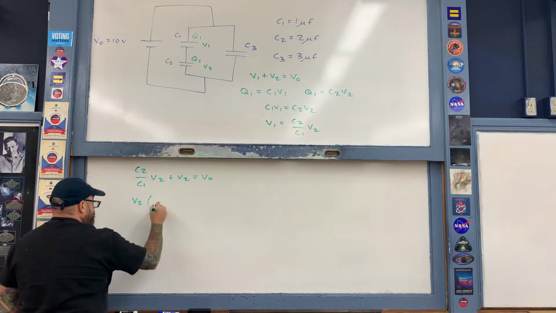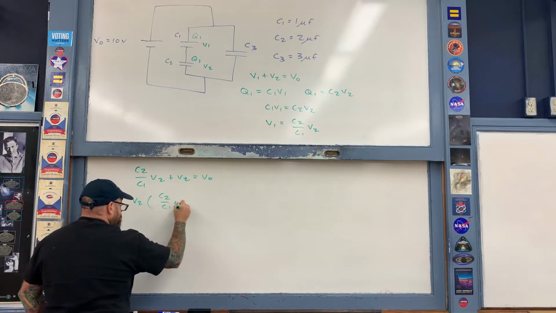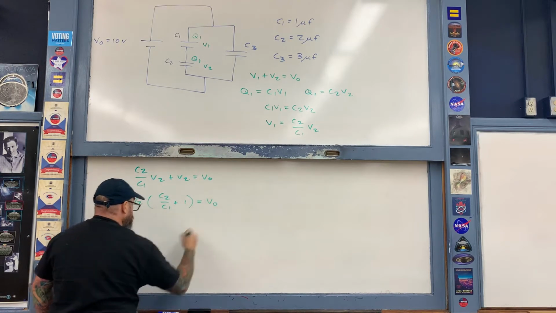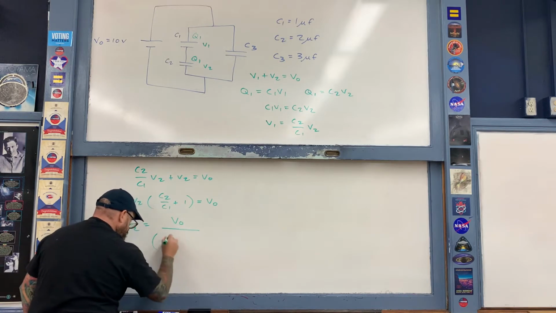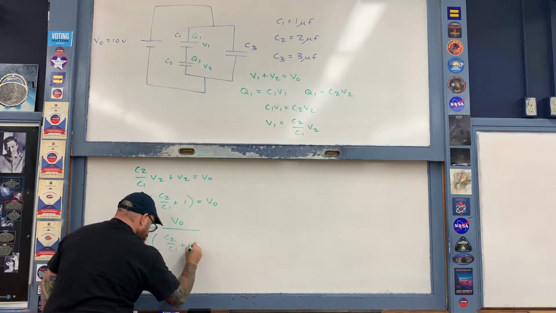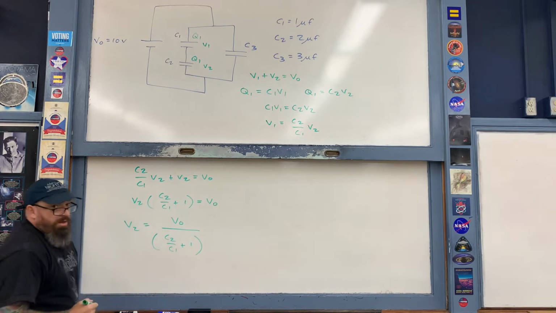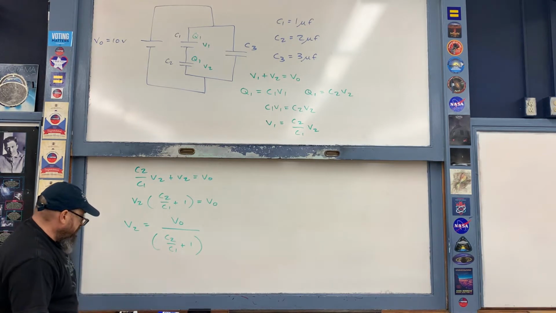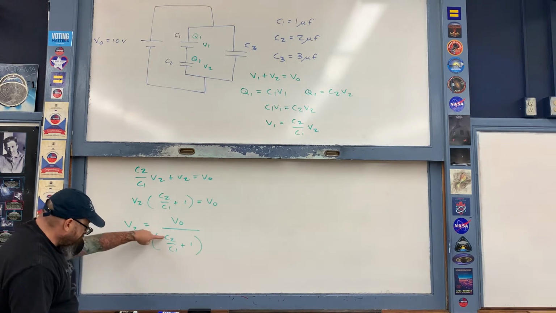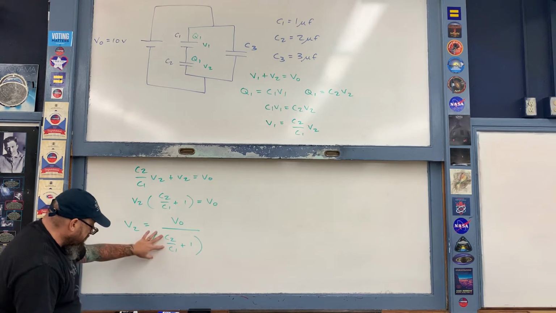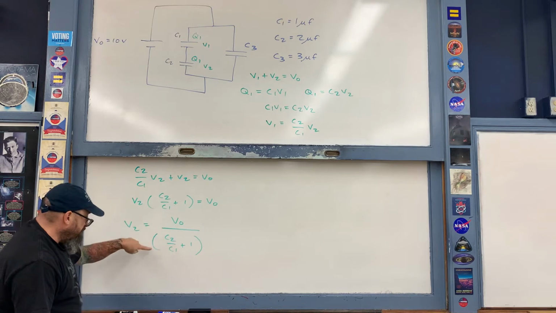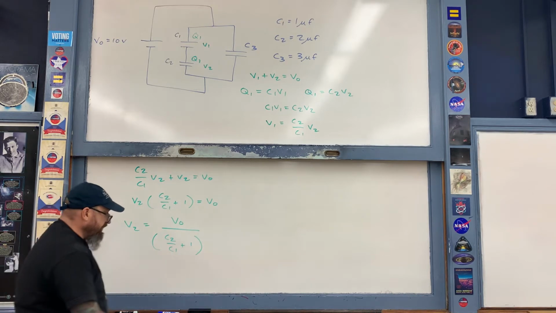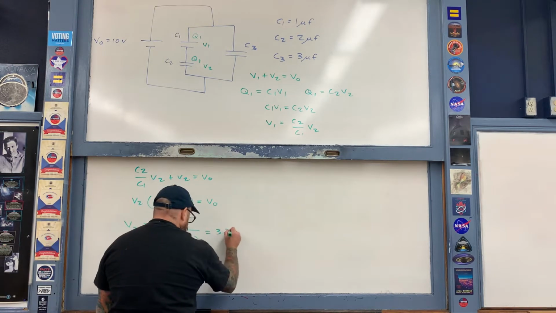Factor out the V2 from each term, and then divide. Taking a look at the ratio in the denominator, we have 2 divided by 1, which is 2, plus 1, which gives me 3. So V0 over 3, so 10 divided by 3 is 3.33 volts.